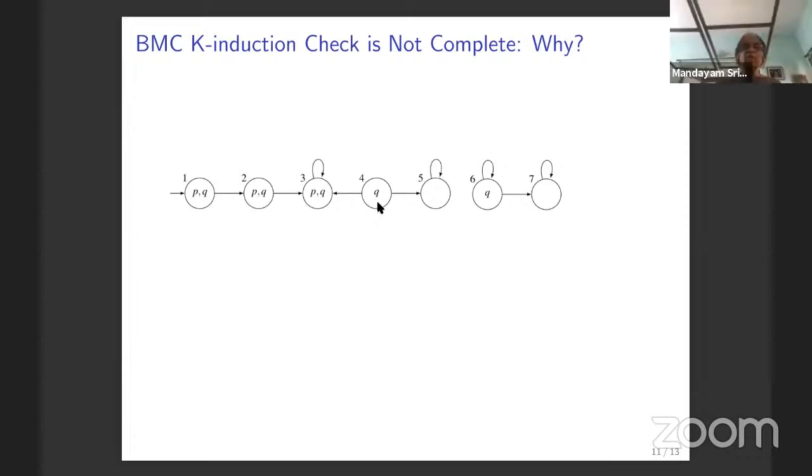No. Because it's not one-inductive. Say state 4 is a violation of inductiveness. Okay, that doesn't satisfy. I'm sorry. No. Maybe here P is one. Let's see. If I start with something which satisfies P, no, P is inductive here. Yeah, P is. I'm sorry, you're right. P is inductive.